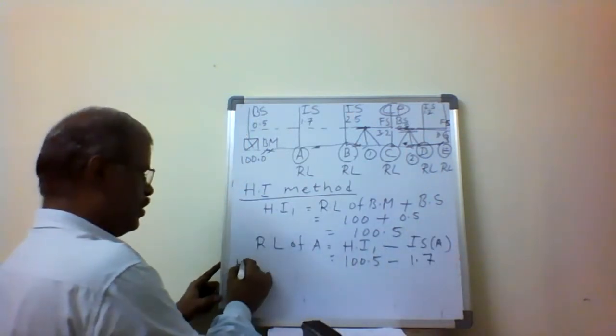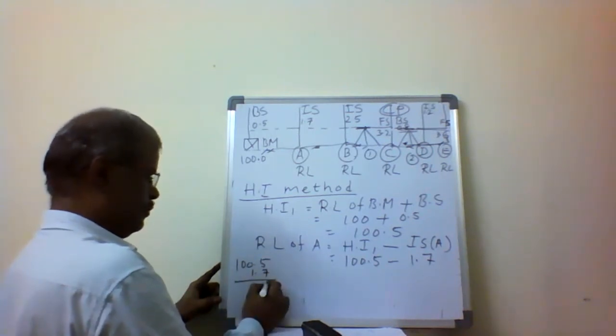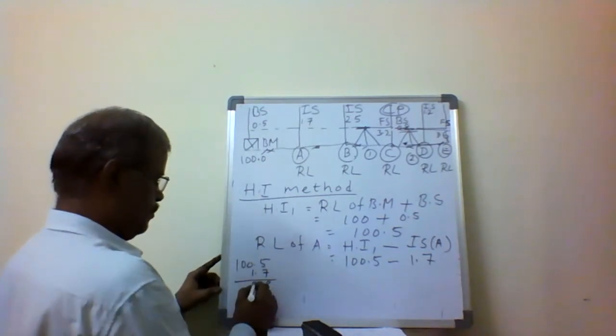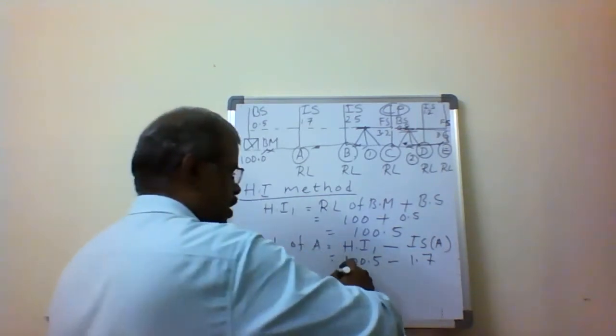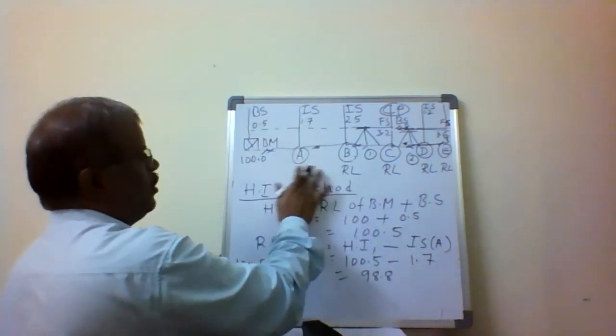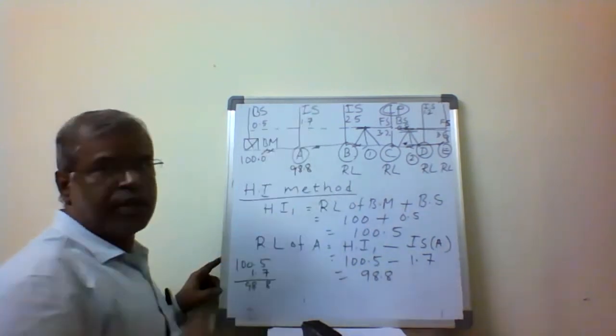So 100.5 minus 1.7 is 98.8. So now RL of A is 98.8.